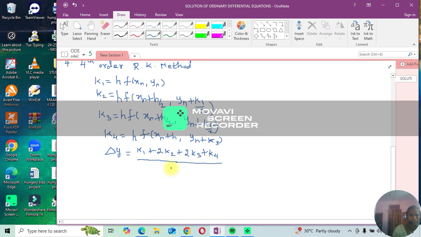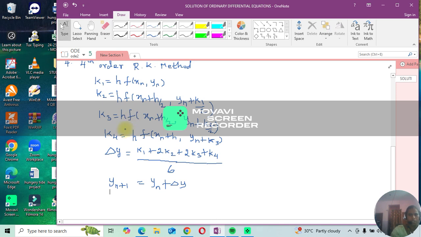So this will give us delta y, which is nothing but the increment of the y value. And after that, to find any point y(n+1), we need to add this delta y with the previous point y(n). So y(n) plus delta y. This is the general formula of the fourth order Runge-Kutta method.